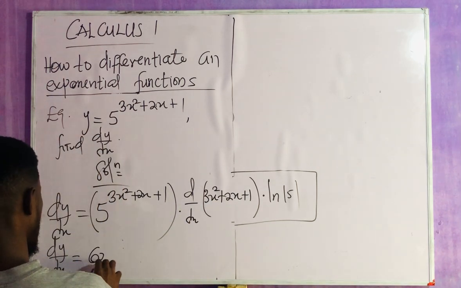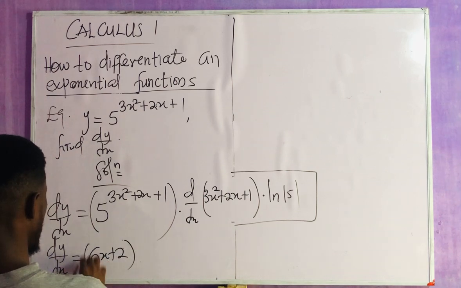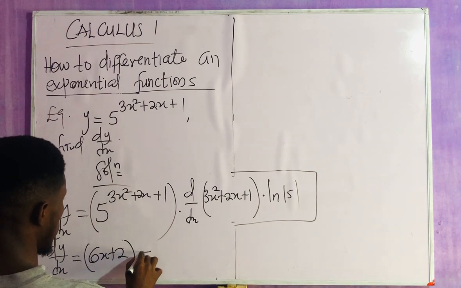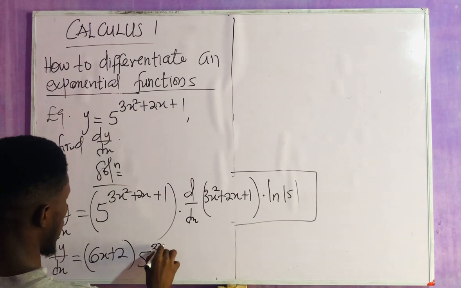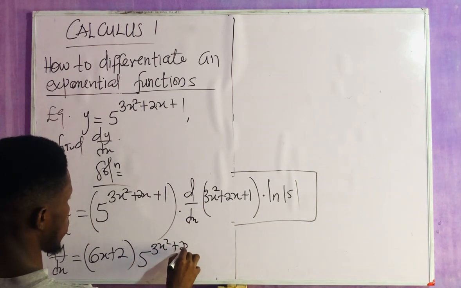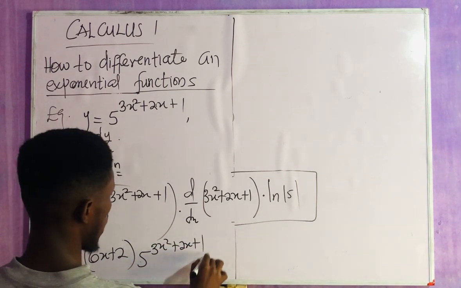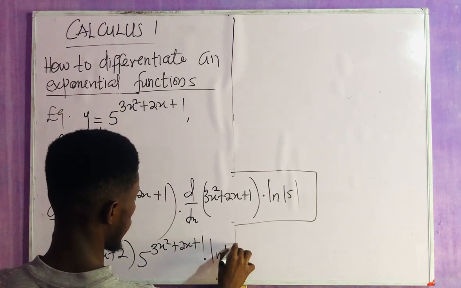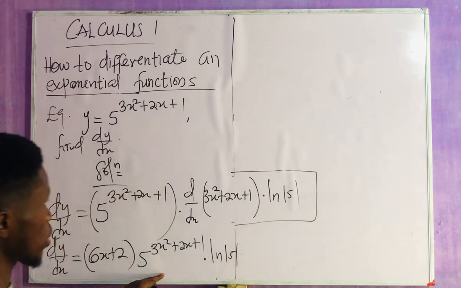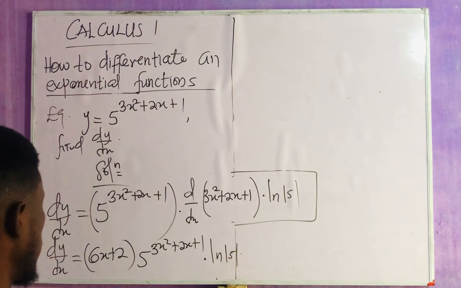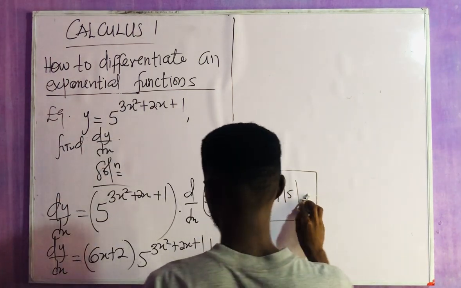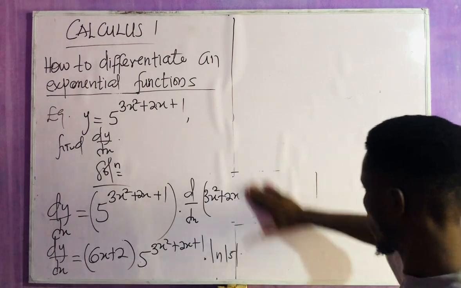So 6x plus 2 multiplying 5 to the power 3x squared plus 2x plus 1 times ln 5. So this will give us our answer. Now let's also use the chain rule to do it.